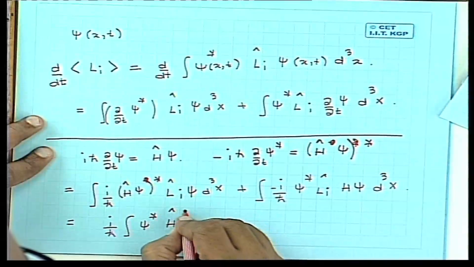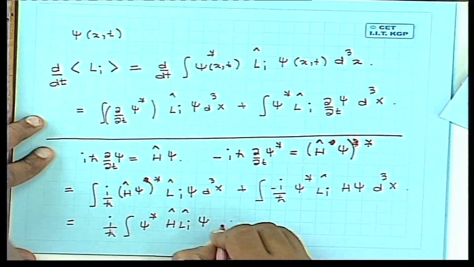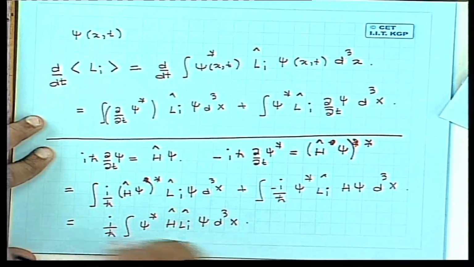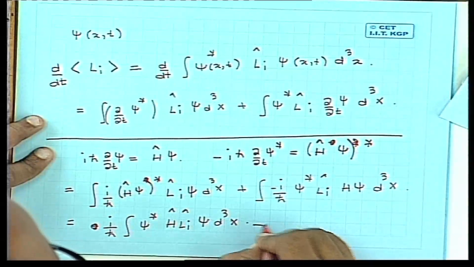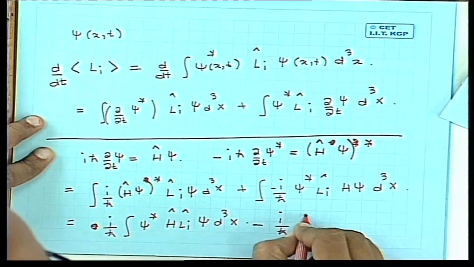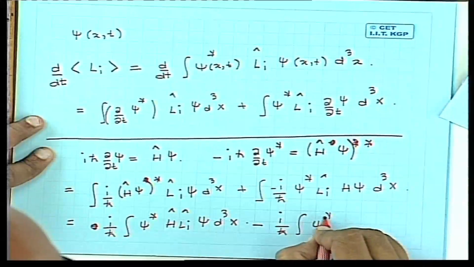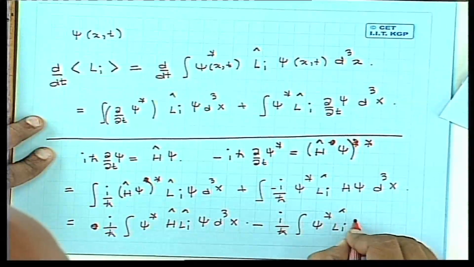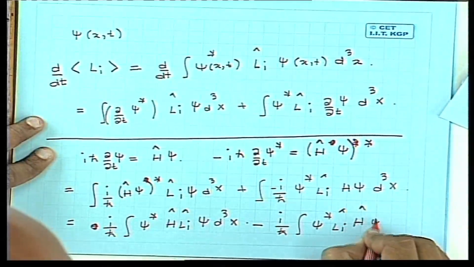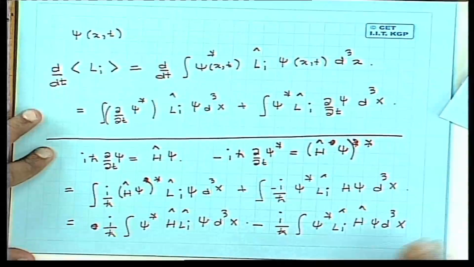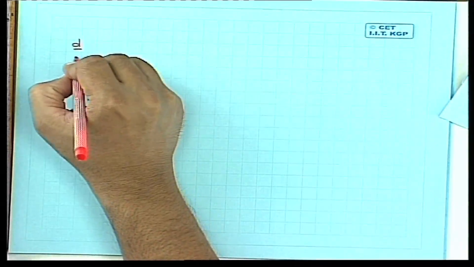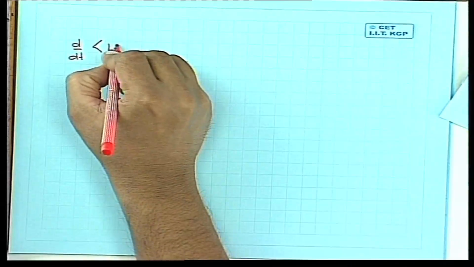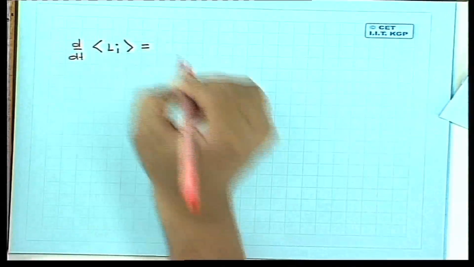So this is equal to this acting on psi d cube x, with the minus sign appearing with the i by h cross, and here I have psi star Li H psi d cube x. So what do we find?